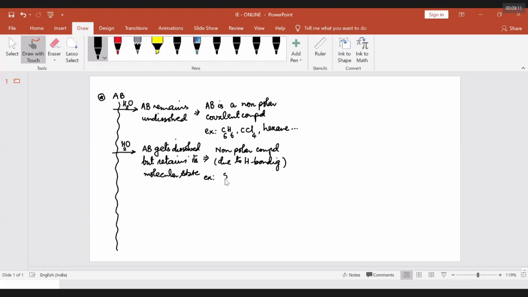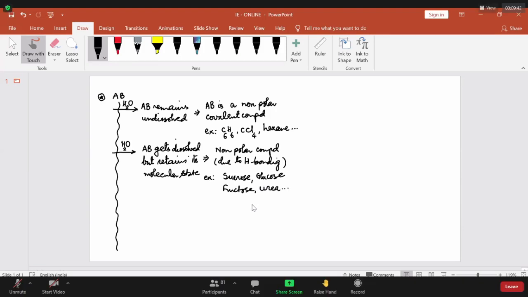Sucrose, sugar, a neutral molecule, a non-polar molecule, but there is a possibility of OH bonds being available, so hydrogen bonding is possible. Sucrose, then naturally glucose, and at the same time fructose. You can say urea, diaminoketone. There are so many examples which are non-polar covalent compounds but soluble in water due to the possibility of hydrogen bonding.